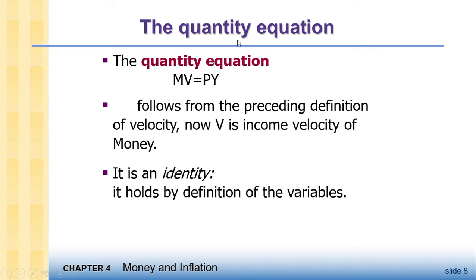This accounting identity is known as the quantity equation, where money supply into velocity of money is always equivalent to the nominal GDP of the economy, and it's an identity that generally holds by the definition of the variables.